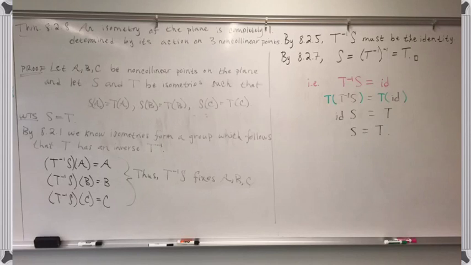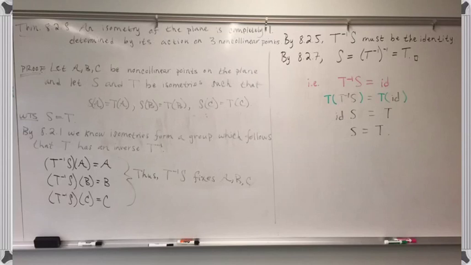828 tells us that 2 different isometries cannot do the same thing to the vertices of the triangle unless they are not in fact different. So if 2 isometries do the same thing to the vertices of a triangle, they are the same isometry everywhere. And this is where the algebraic properties come in handy.